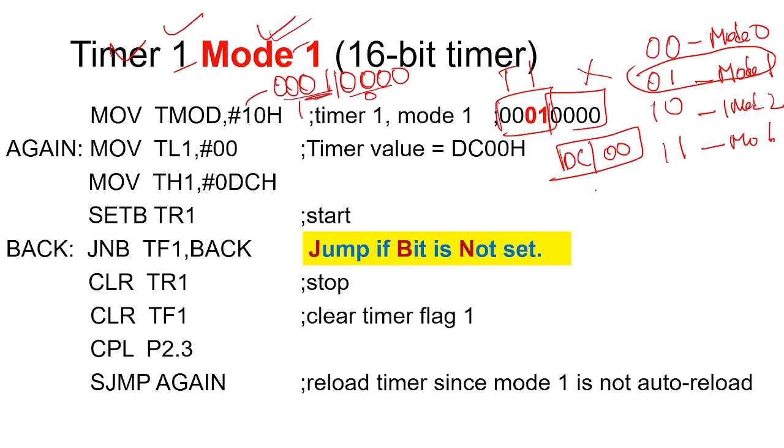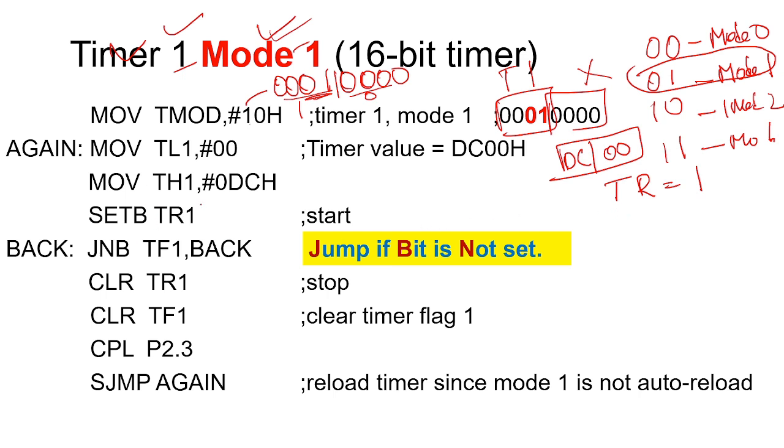To start the timer counting, I want to enable the TR bit. What is TR? TR is a control bit that you can find in the TCON register. Only if TR is 1 will your timer start to count.